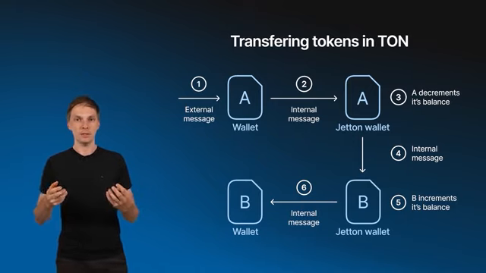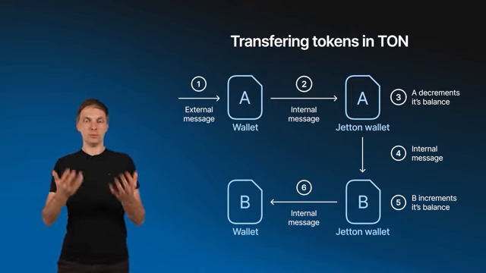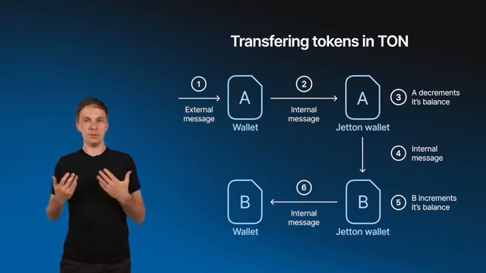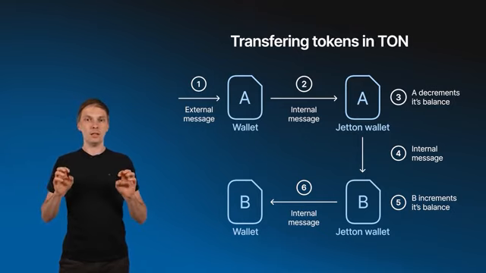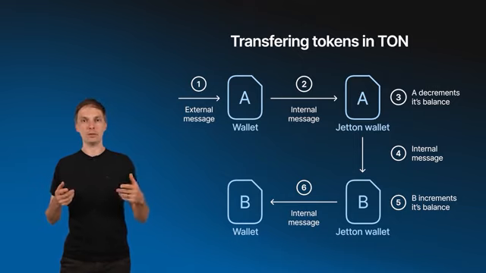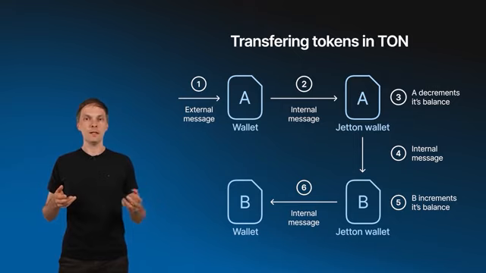So what happens is that one Jeton wallet, when it's receiving a message saying, hey, could you please increase your balance, verifies that the message came from a contract exactly like that, with exactly the same code, and therefore it implicitly trusts that on the other end, the balance was decremented. If the code was different, then of course anything could happen there, and the Jeton wallet rejects such a message.